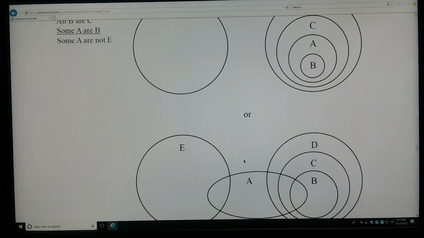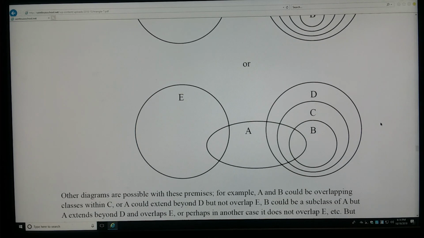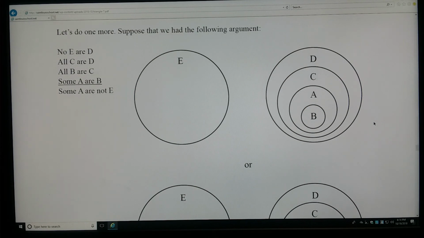Now, it is possible, of course, that you could have some of A overlap E and some of A not overlap E. If we had this diagram down here, then this conclusion would be correct, because this would show that some A are E and some A are not E. But it doesn't have to follow from that. So the fact that we can get the answer of no A are E shows that the argument is invalid.